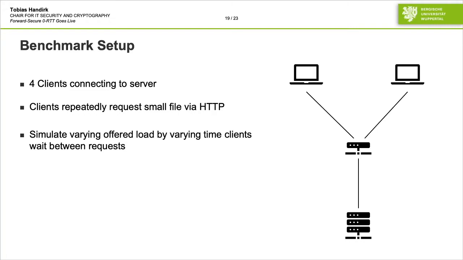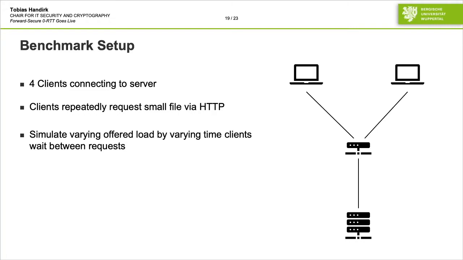The Chromium source code comes with test applications for clients and servers, which we use in our benchmarks. On each client machine, we ran 2 client applications and thus had a total of 4 client applications connecting to the server. The client applications repeatedly send HTTP requests to the server, requesting a small file of 100 bytes size. This again allows us to measure only the performance of the key exchange protocols, since the time to transmit 100 bytes is negligible.